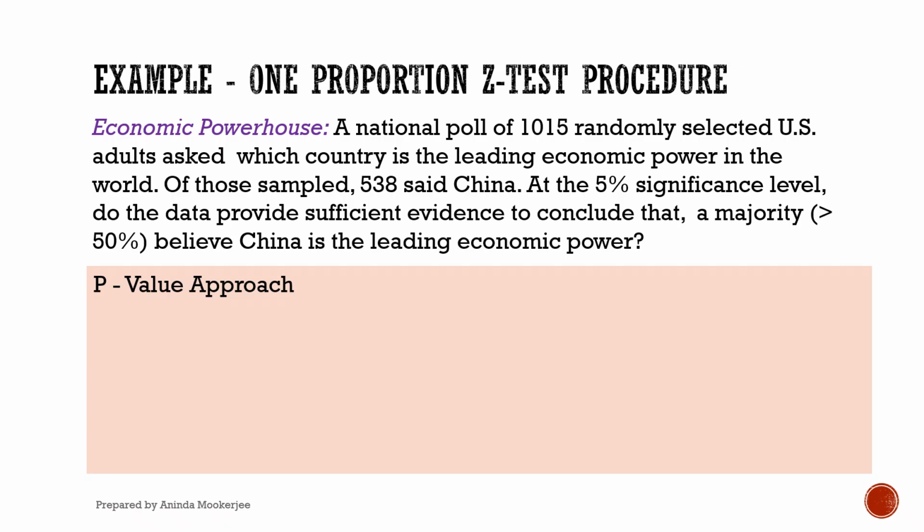All right, so let me go through the process again. Whether you're using the critical value or the p-value approach, a diagram is necessary. The standard normal curve is going to be brought up here. So here I have the standard normal curve, and I'm going to write the value of our test statistic because that's what we are going to begin with in the p-value approach.